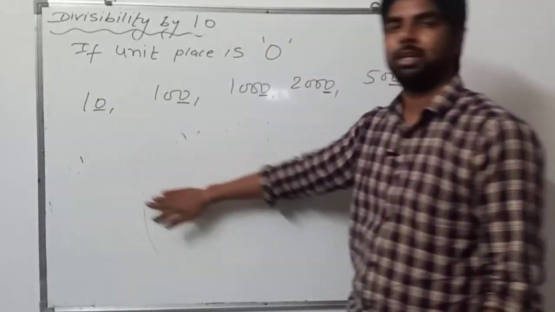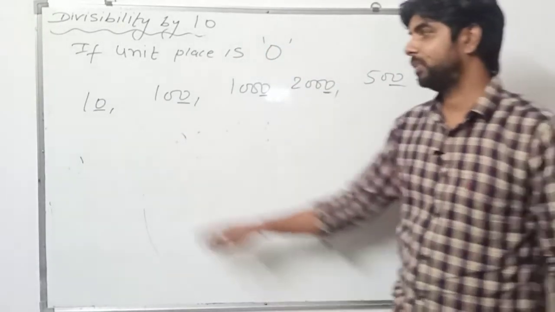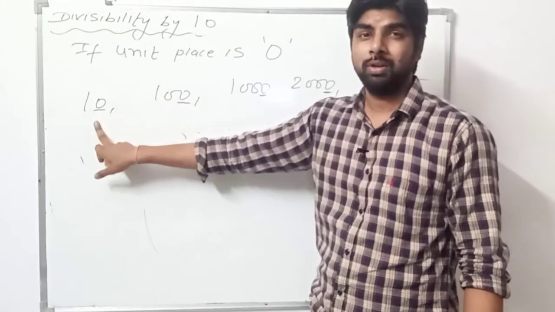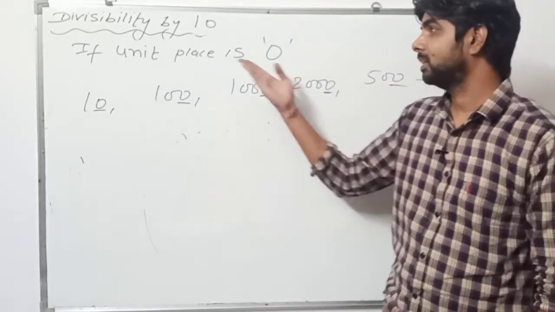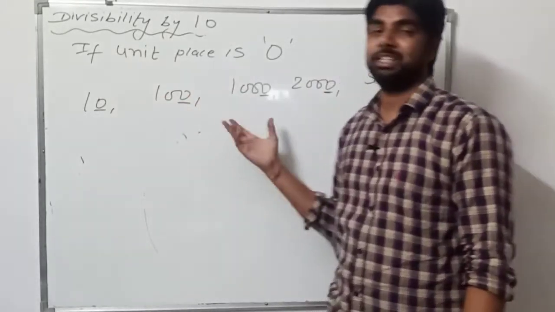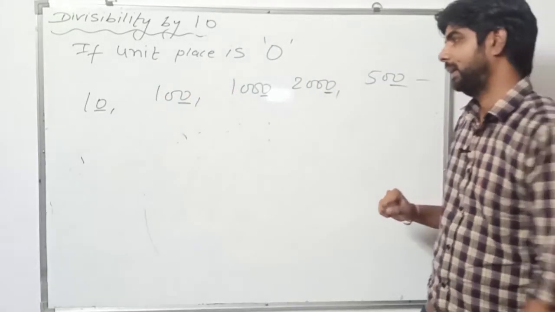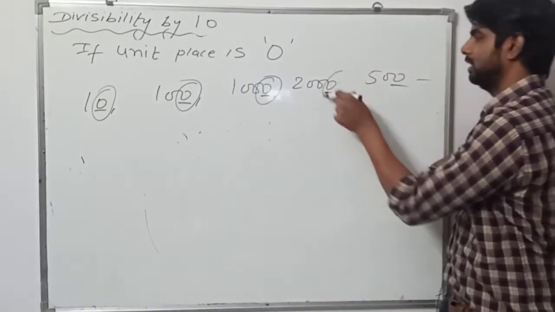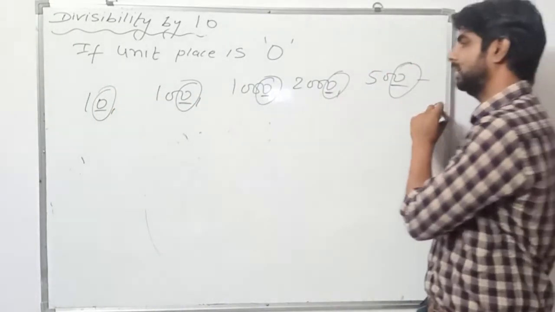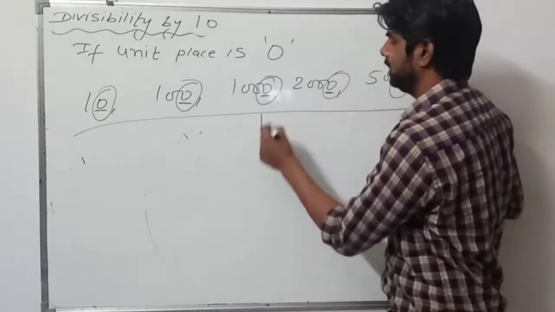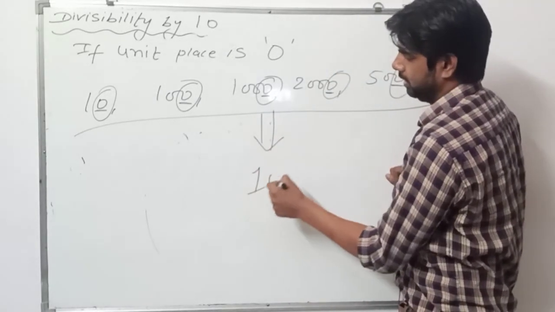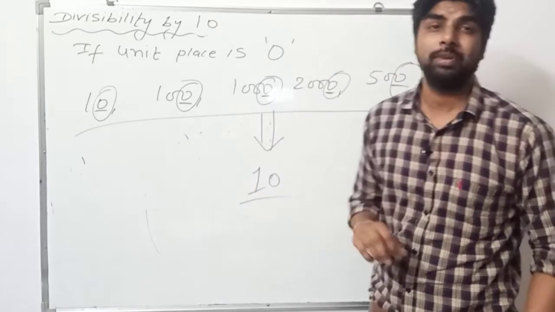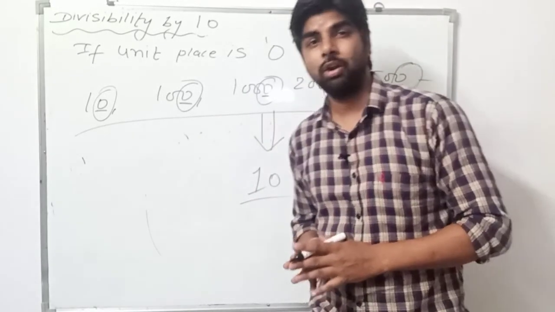By seeing the unit place or ones place. If the ones place is 0, then we can tell that the whole number is divisible by 10. Here 0 is at the end in every number, which means all these numbers are divisible by 10. So this is how we can find out the divisibility of numbers.